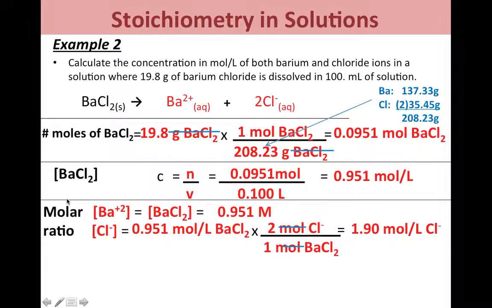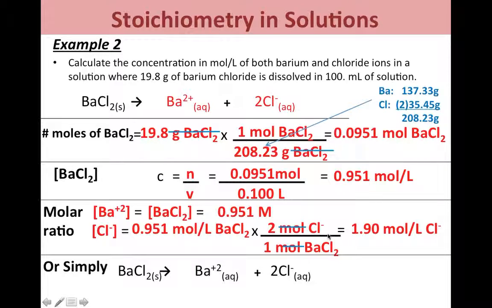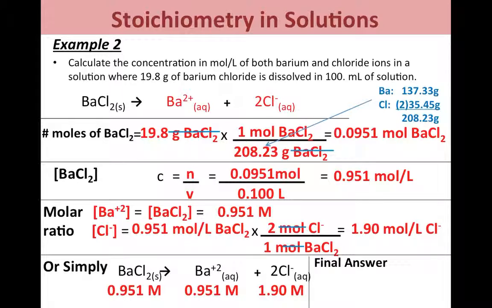This is how you could write it out: 0.95 times 2, or you could simply just write it underneath because you know it's twice that concentration. Make sure that you always write your final answer. There you go.